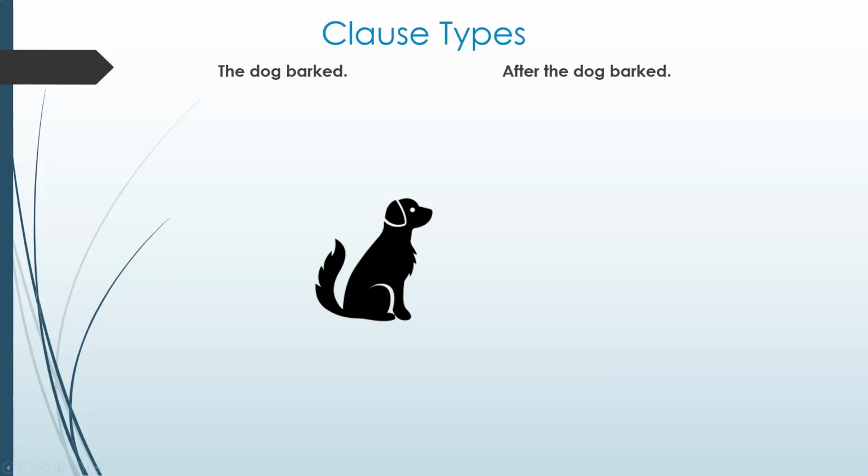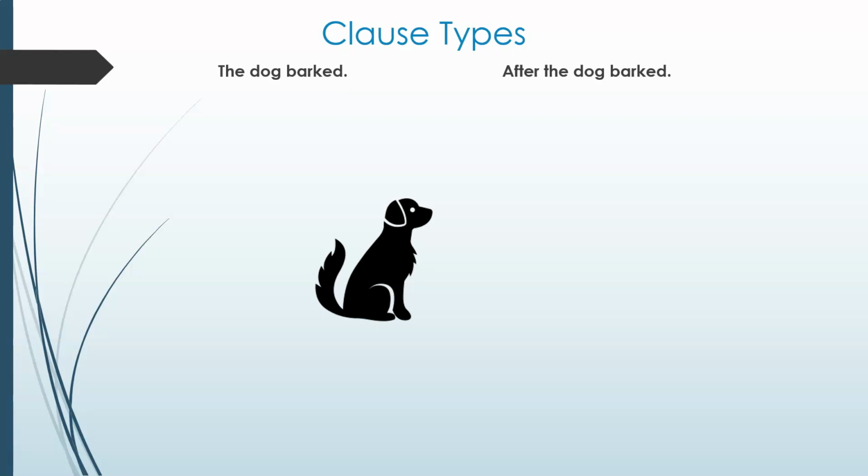Here we have two versions. On the left we have the dog barked. On the right we have after the dog barked. These differ in an important way that shows the difference between the two main types of clauses, independent and dependent. First, the dog barked is clearly a complete sentence.